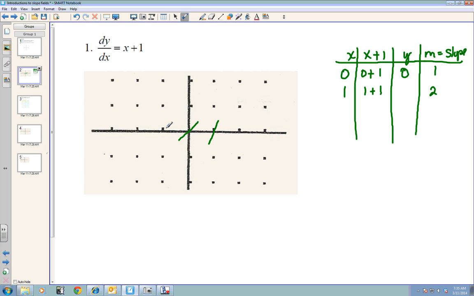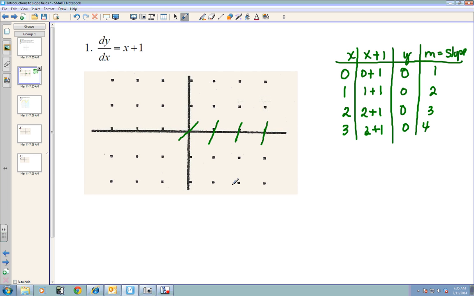All right, so let's do the point 2, 0. When I plug 2 in, I get a slope of 3. Do you see that as I go, I'm going to get steeper and steeper? So this would be 3 plus 1. My slope is 4.